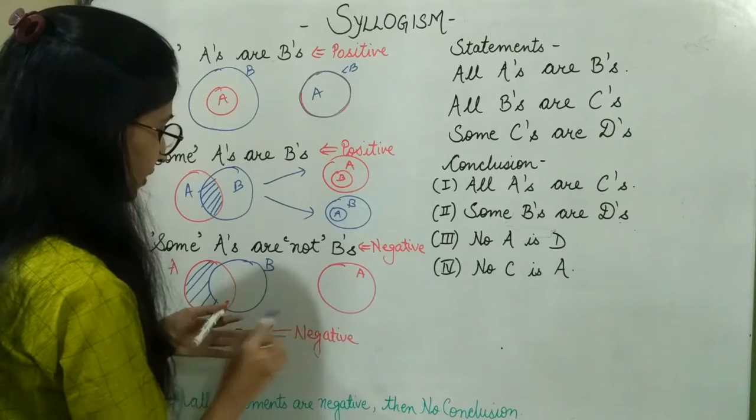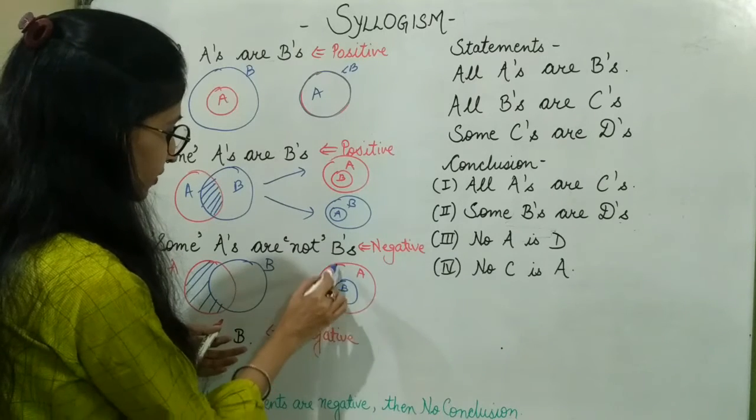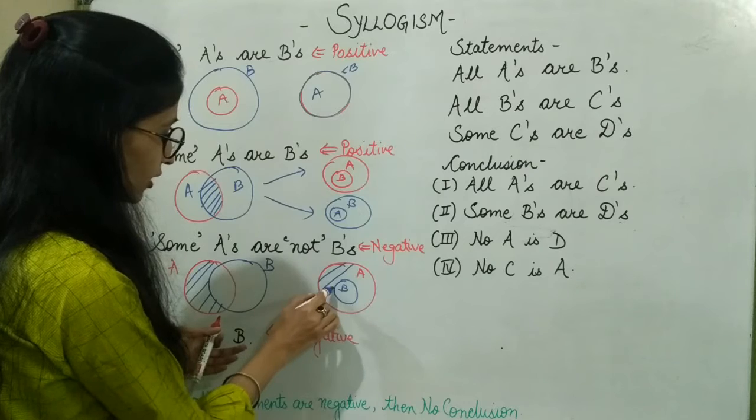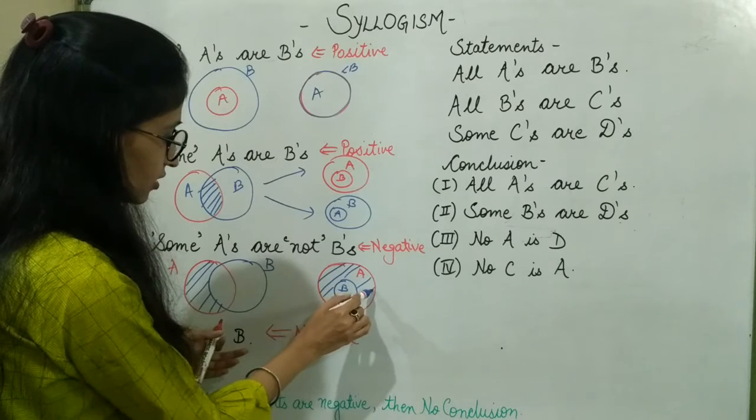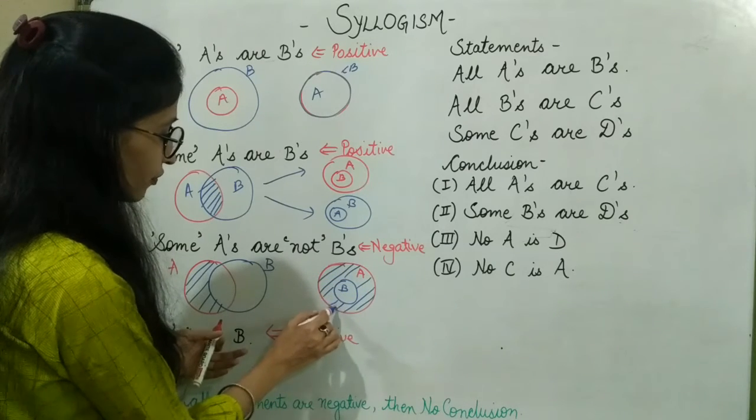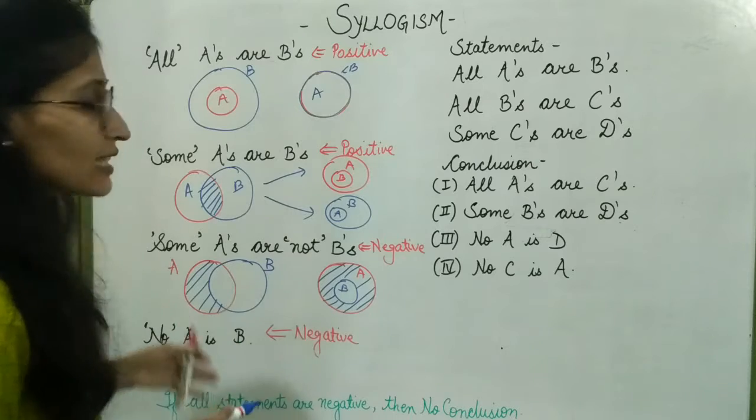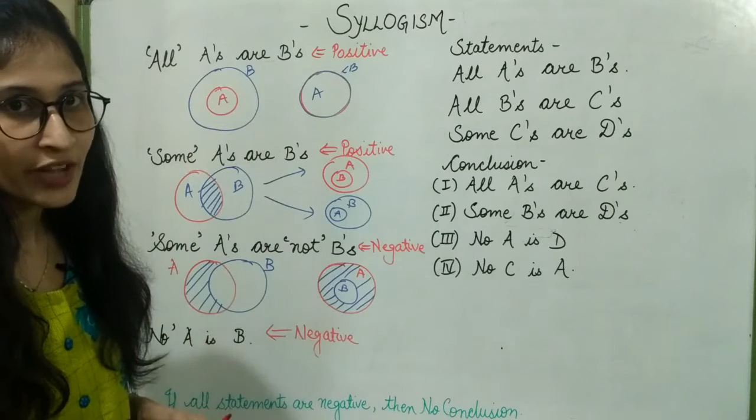This is my A and this is my B. Again, some part of A is not a part of B. So these are the Venn diagrams for 3 quantifiers.